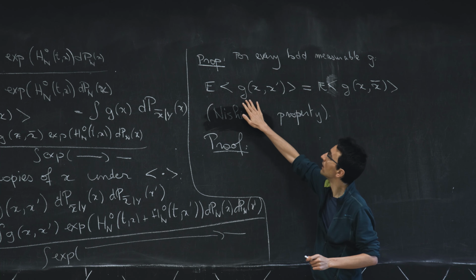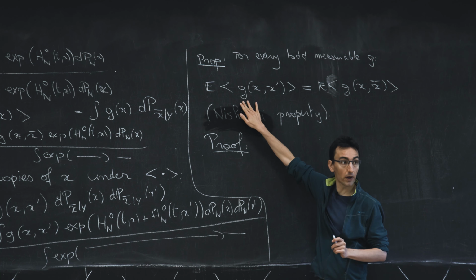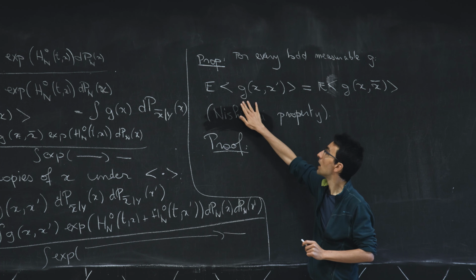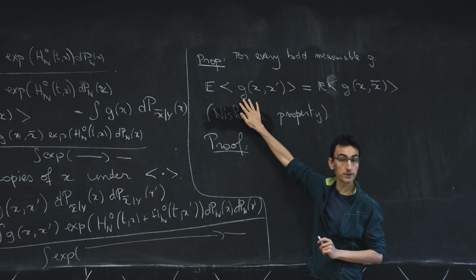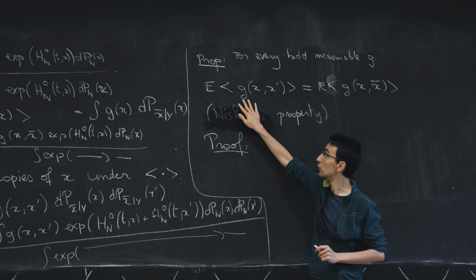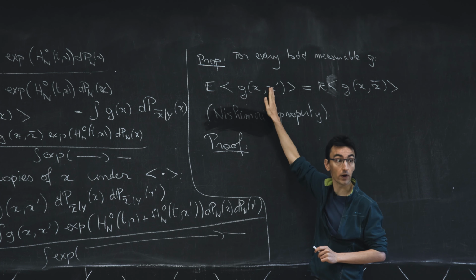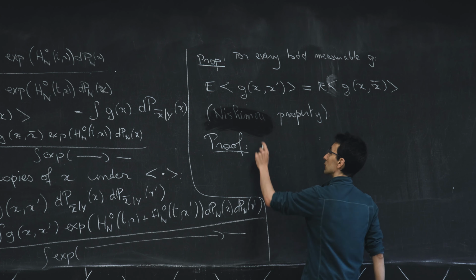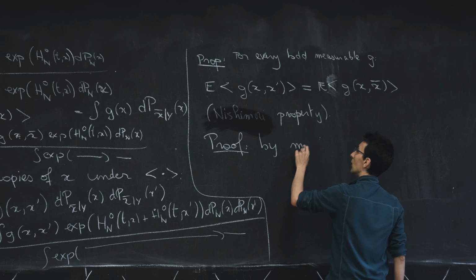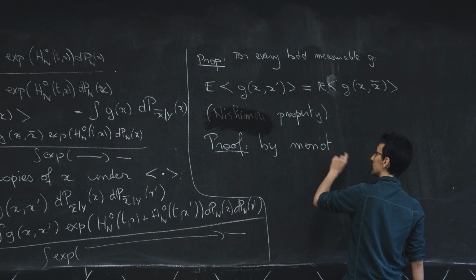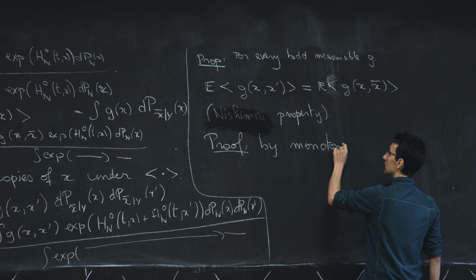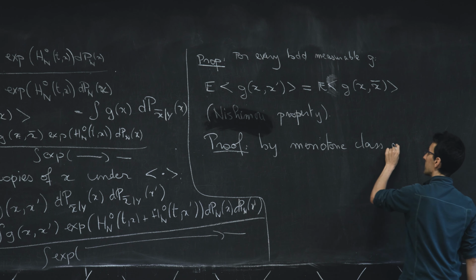So this is a statement for every bounded measurable function. By some monotone class argument, or maybe you prefer to call this a pi-lambda monotone class argument, it suffices to restrict to the case when g is a product of two functions of one variable.